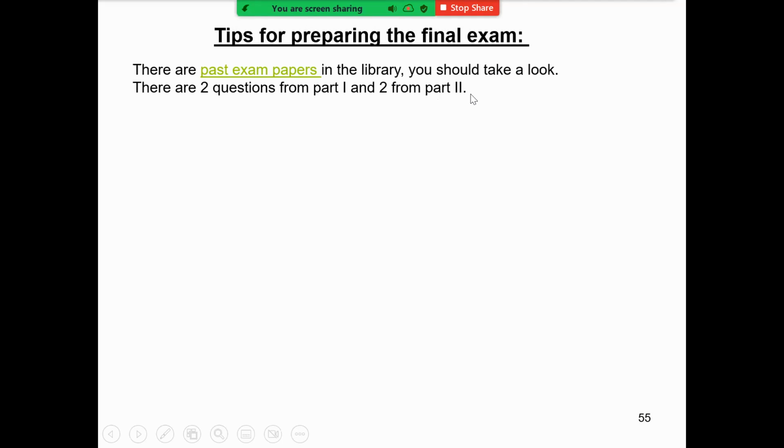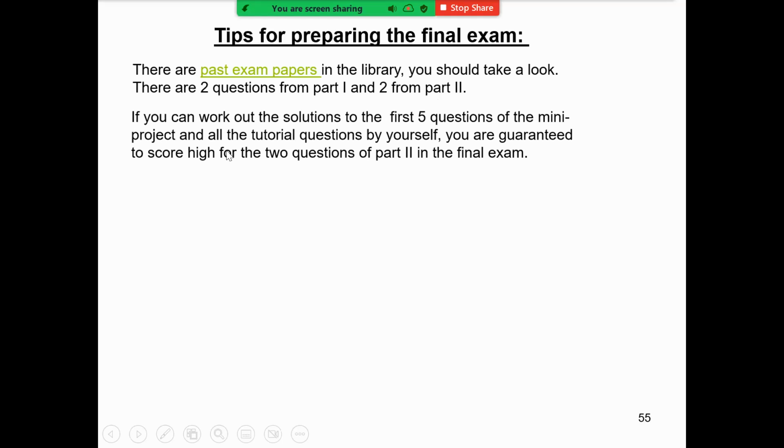Okay, there will be 2 questions from my part and also 2 questions from part 1. If you can work out the solutions to the first 5 questions of the mini project, I don't require you to get the solutions for question number 6. As I said, that needs some extra thinking or work. But you try to get the answers for the tutorial questions by yourself.